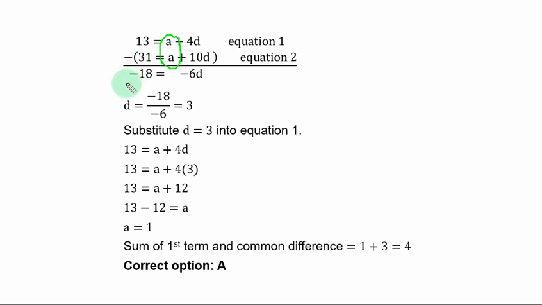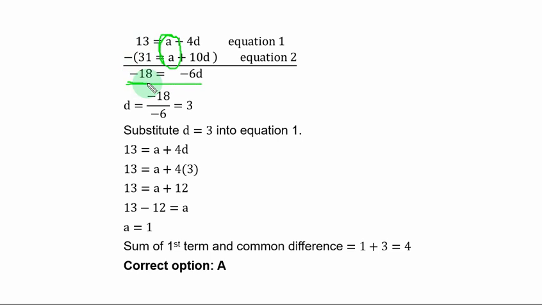Then if you subtract, you have this result. For you to eliminate a, the coefficients need to be the same, and when the signs are the same, you subtract. So when you subtract 13 minus 31, you have minus 18.